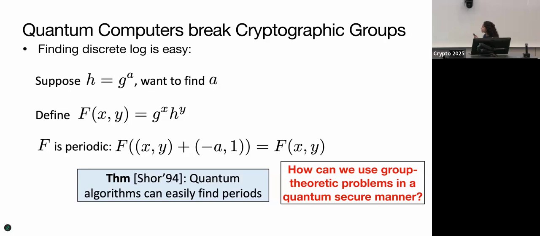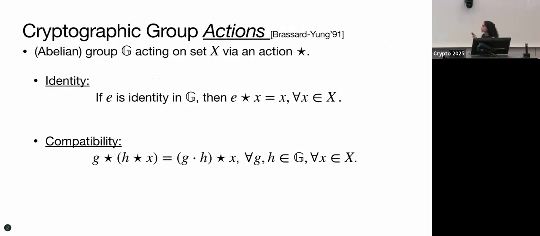So how can we hope to use problems of similar nature in a quantum secure manner? We do this by making use of something called cryptographic group actions, which were introduced in 1991. You can think of this as a less structured version of groups.